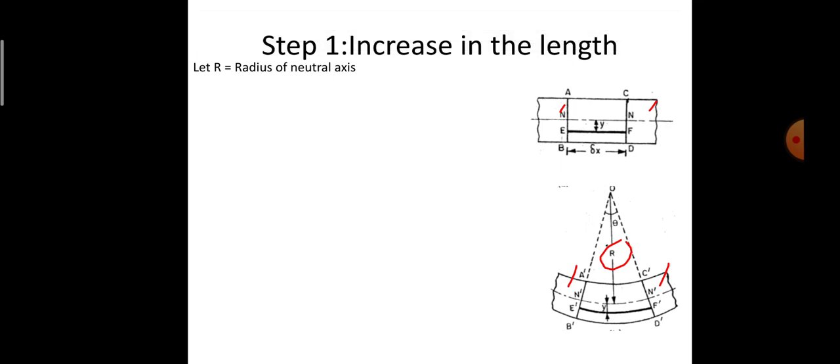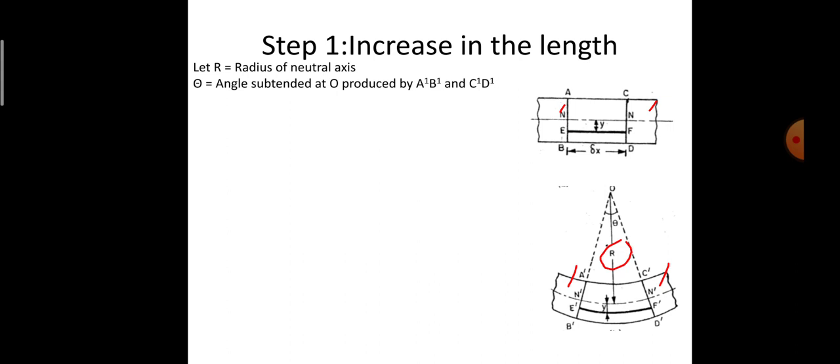Next is theta. Theta is the angle subtended at O by A dash B dash and C dash D dash, which are projected.